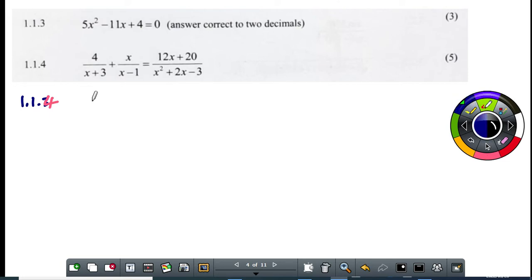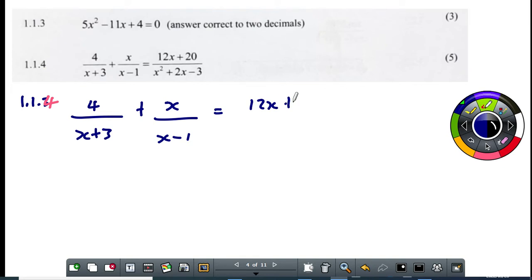So, we have 4 over x plus 3 plus x over x minus 1 is equal to 12x plus 20 all over, now factorize that, so you get x plus 3 times x minus 1. Okay, so the first step would be to factorize the denominator on the right hand side. Because you cannot determine the LCD without factorizing that denominator.